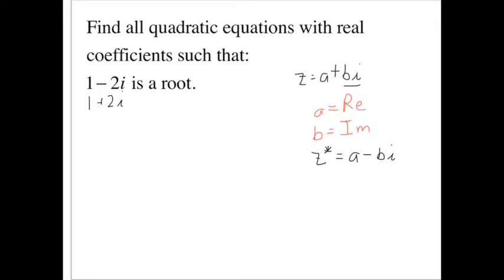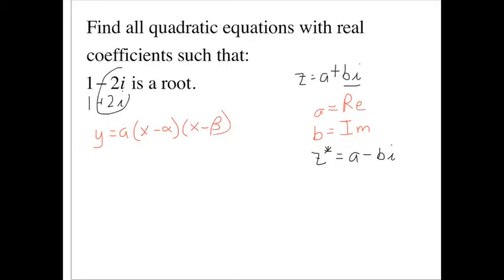So if 1 minus 2i is a root, that means that 1 plus 2i also must be a root, because you had to get the plus or minus of the imaginary part there. So we're going to say that these two are the roots. Now, you should know that a quadratic equation could look like this. y equals a times, if I have the roots, it's usually something like this, x minus alpha and x minus beta.